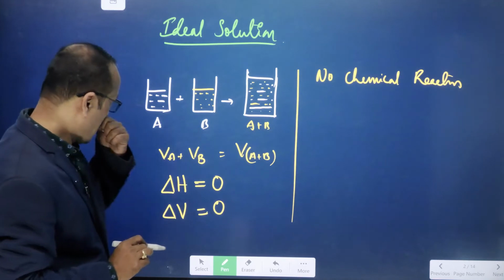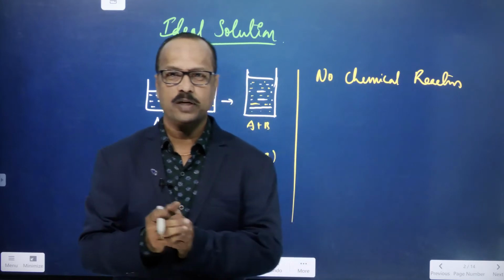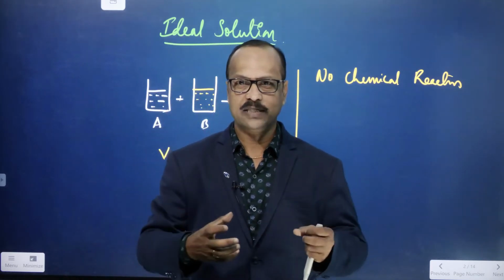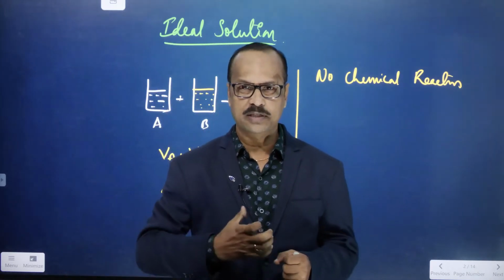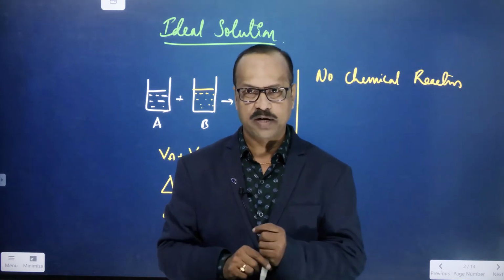Next, one more important thing, that here you see, you know that there is a force of attraction. Already you might have studied in the lower classes, if the solid is there, between the two molecules there is a strong force of attraction. Liquid is there, between the molecules there is some force of attraction, yes or no?